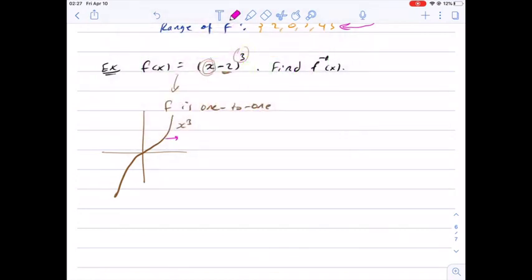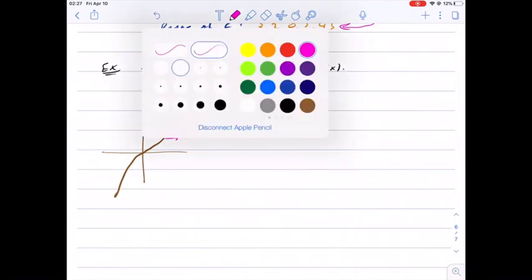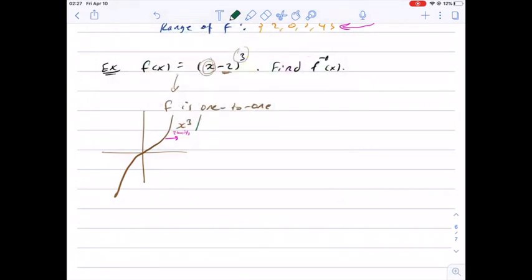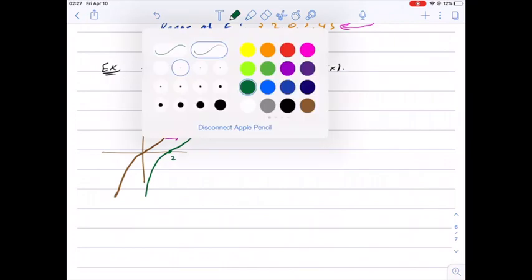That means we make a shift to the right by 2 units. So if we make a shift by 2 units, we get this graph. So we have an x-intercept at (2, 0).